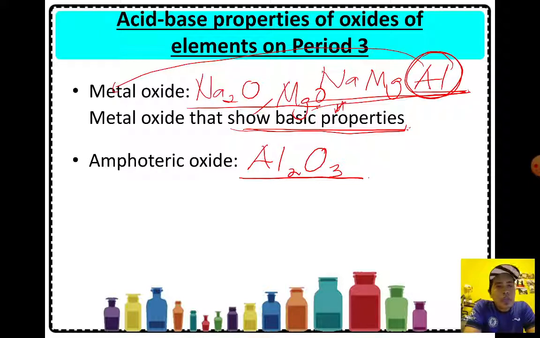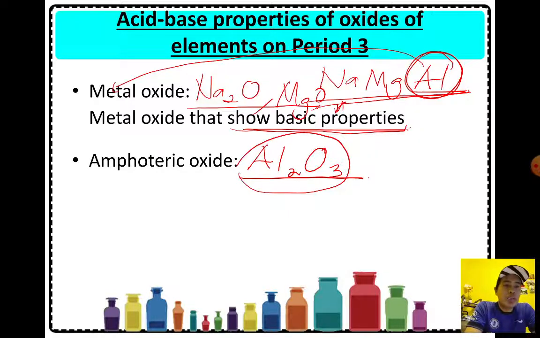Means if we react the aluminium oxide with acid, it will become a base and form salt and water. But if we react aluminium oxide with base, it can be acid and form salt and water.